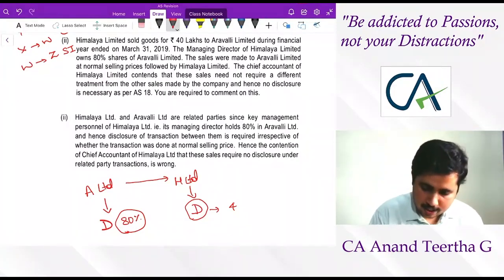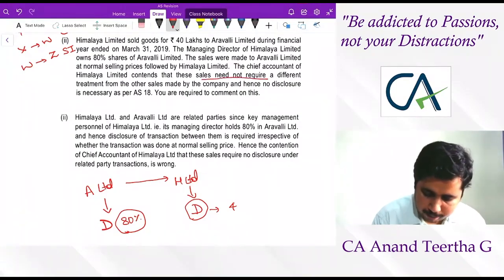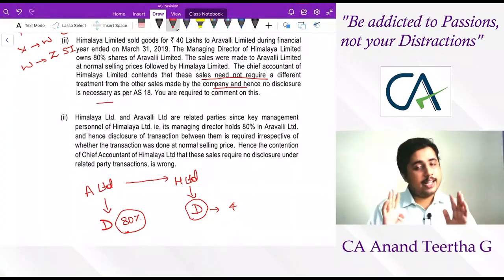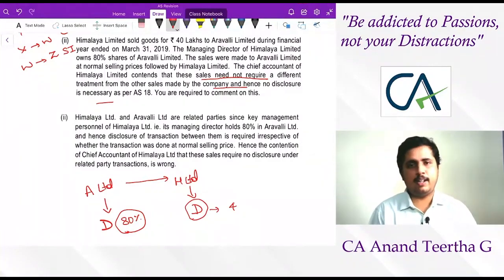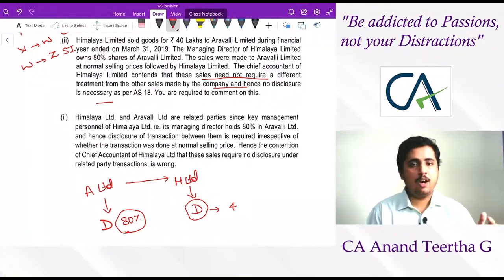Now, they are not saying no for that. The chief accountant says that sales need not require a different treatment because they are made at normal selling price. Doesn't matter. You sell it at normal selling price, at arm's length price, at a discounted price, doesn't matter. Related party should be disclosed if it is covered in any of the 5 points. Therefore, it should be disclosed.